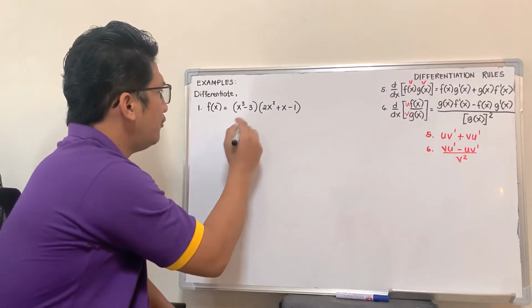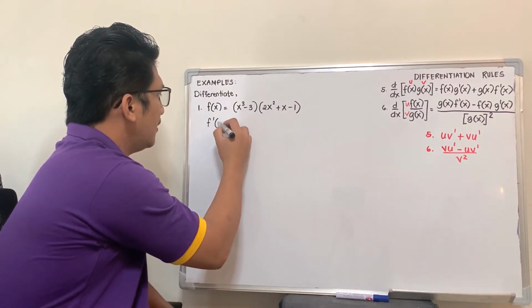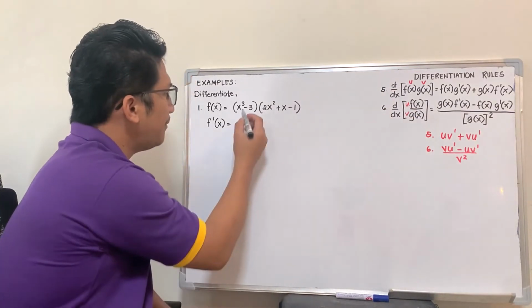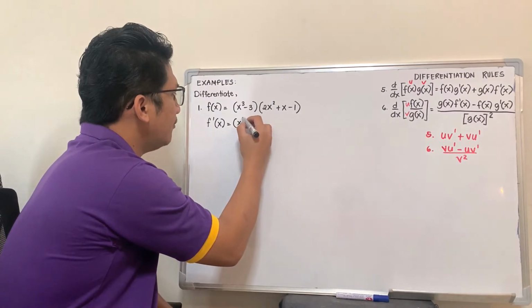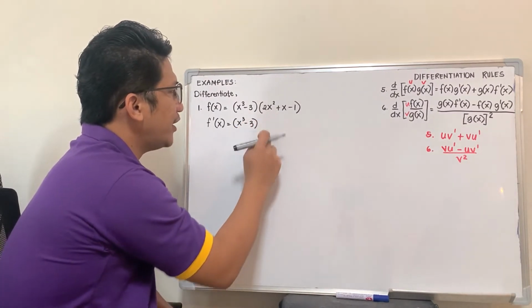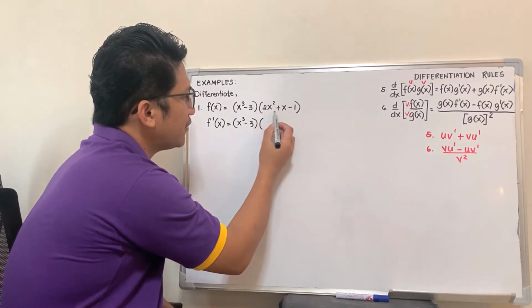Okay? So, how do we do this? First is u v prime. So, copy lang din siya, x cubed minus 3. And then, pagkahuman, i-differentiate ni siya. So, the derivative of this factor, 2x squared plus x minus 1.